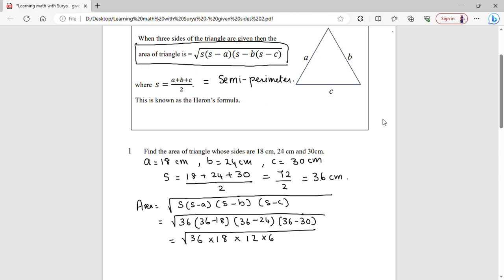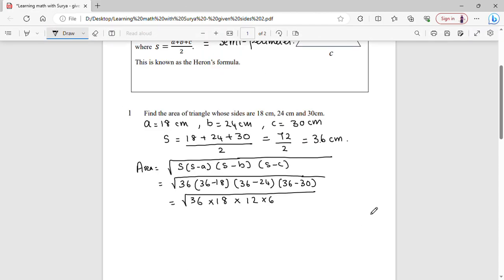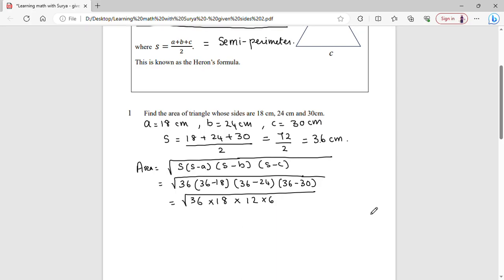Now this is where I would like to focus for students who do not have calculators. Okay, so when you are doing without calculators, normally what students tend to do is just multiply the whole thing, do prime factorization. But I would suggest that you do the prime factorization here itself.